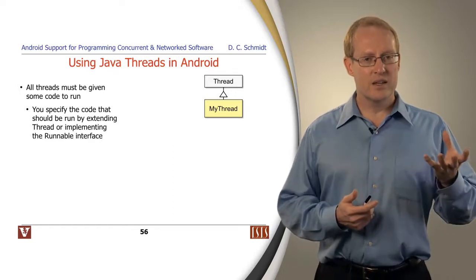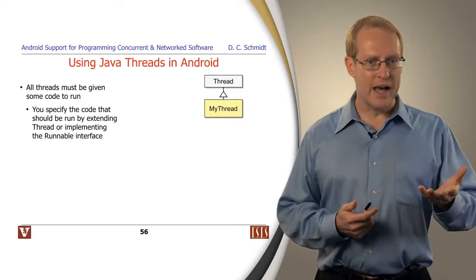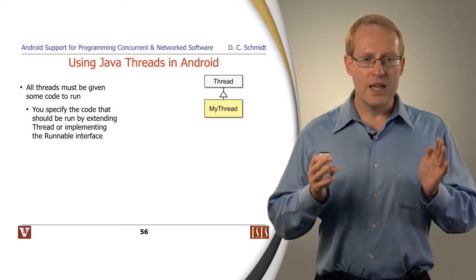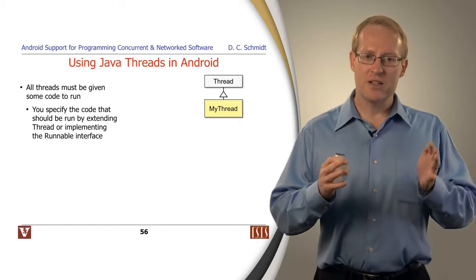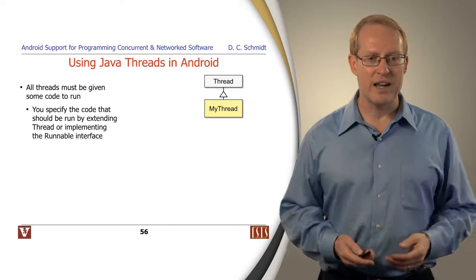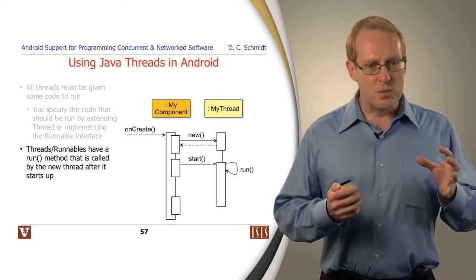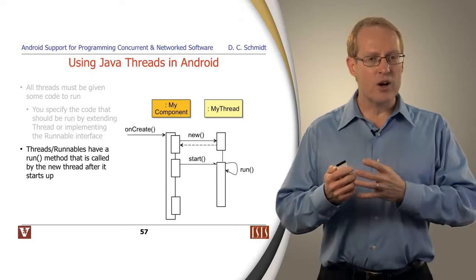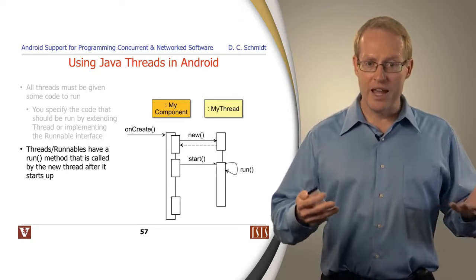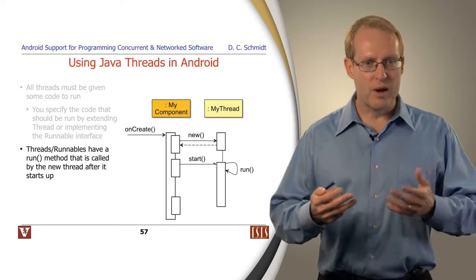You either extend or inherit from the Thread class and override its run hook method, or you implement the Runnable interface and override its hook method. Either way, you define a method called run. This hook method is then started automatically by the runtime system of Java and Android when you call the start method on a thread instance.